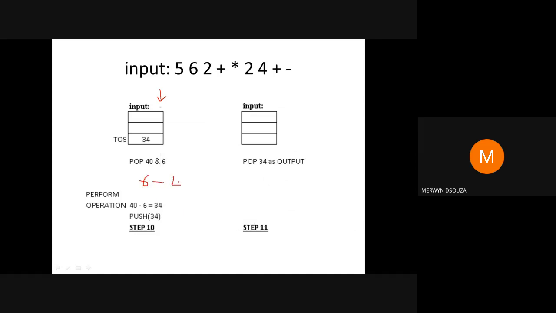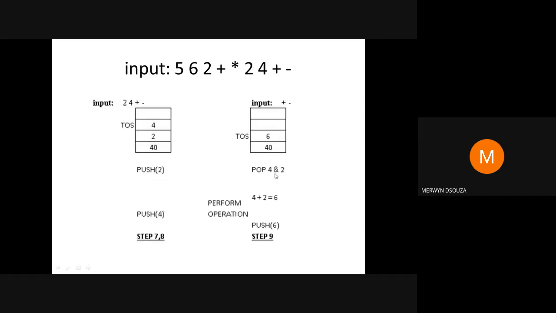When you are doing that pop operation, you need to remember this, or you will get the wrong answer. Whenever you pop the topmost value, that topmost value we write on the left side of the operator, and the next value we write on the right side of the operator.